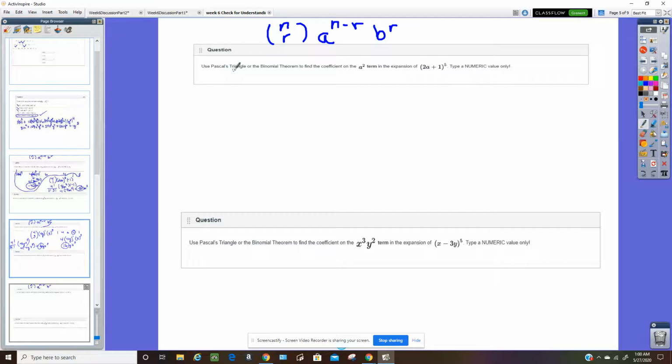All right, so use Pascal's triangle or the binomial theorem to find the coefficient of a squared. So if I'm looking for this, and my n term is 5, so this one I'm just going to use the binomial theorem. So my n term is 5, and if I'm looking for the a squared term, my r value would be 5 minus 3, so my r is 3.